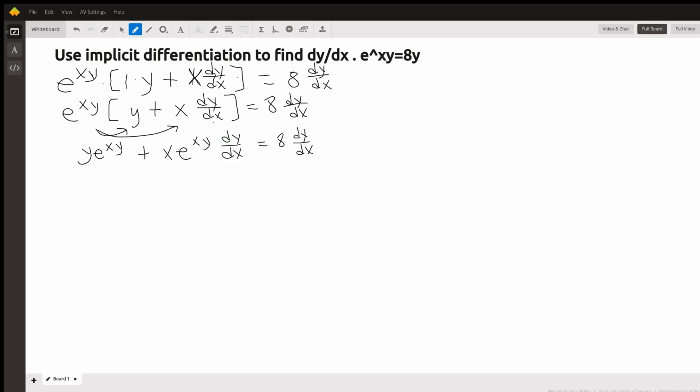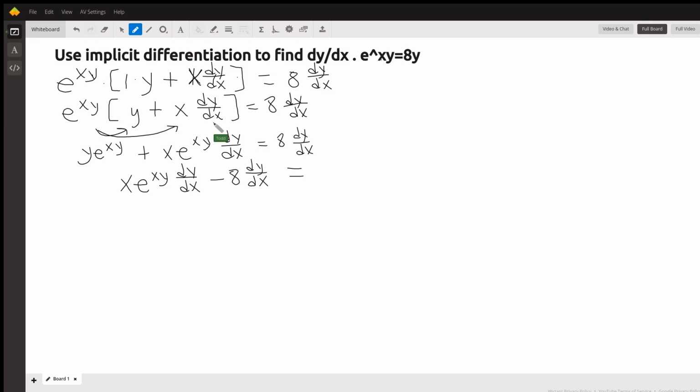Now we need to get all of our dy dx's on one side and everything else on the other. I'm going to keep my dy dx's on the left, so I'm going to keep x e to the xy dy dx on the left, and I'm going to subtract the 8 dy dx from both sides, so I get negative 8 dy dx.